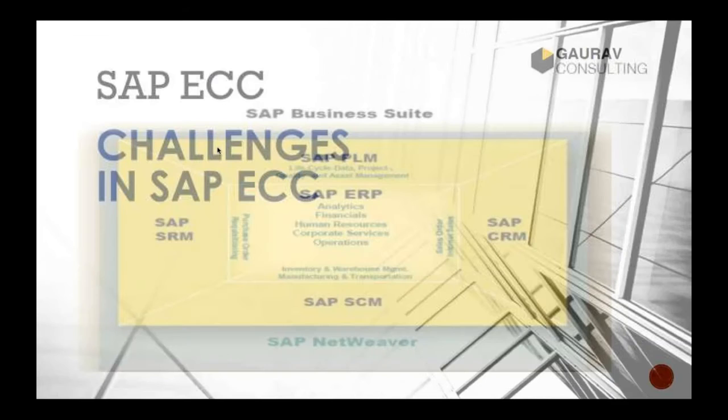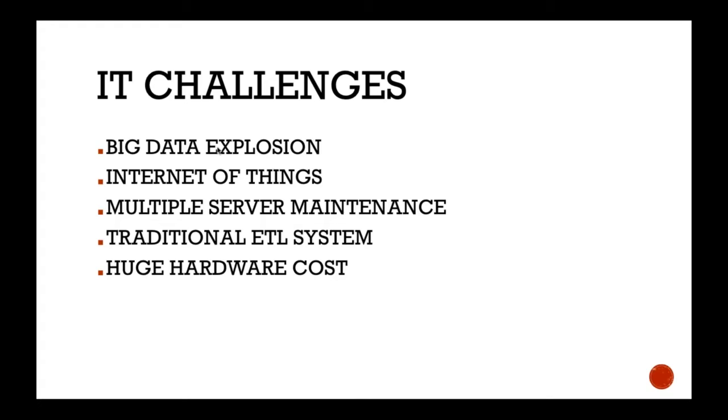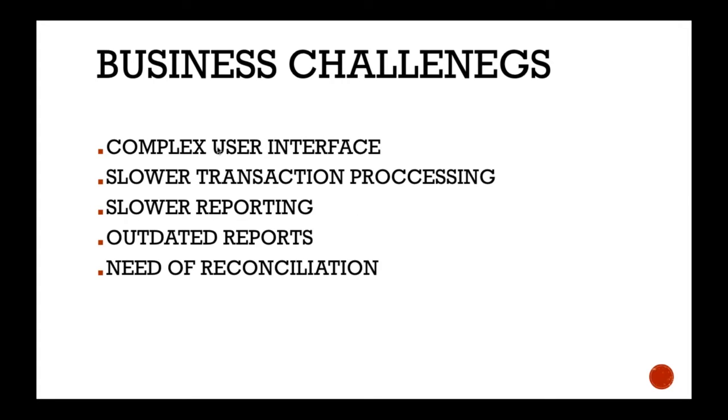The problems related to IT were big data, Internet of Things, multiple server maintenance, the ETL system, and obviously the huge hardware cost. From the business point of view, we had a complex user interface, transaction processing was very slow, reporting was also slow, and reports were outdated because most of the reports were not available directly on the main system.